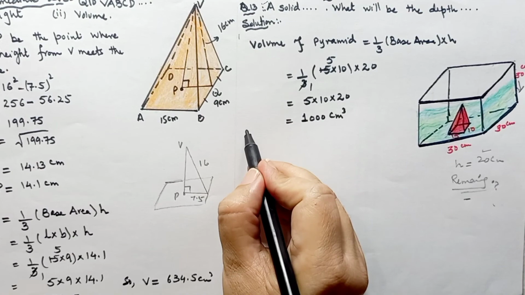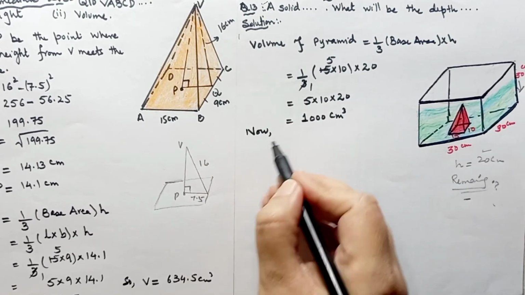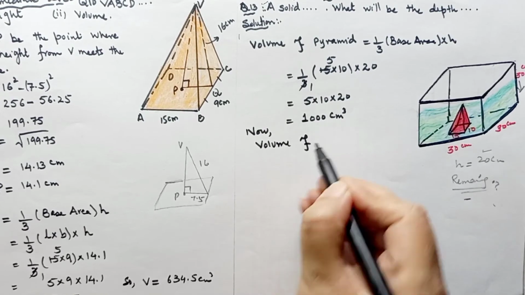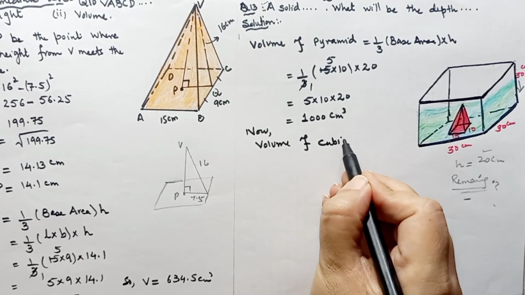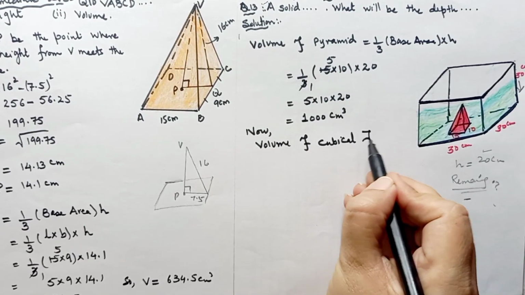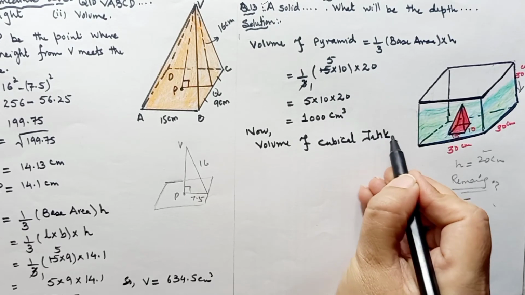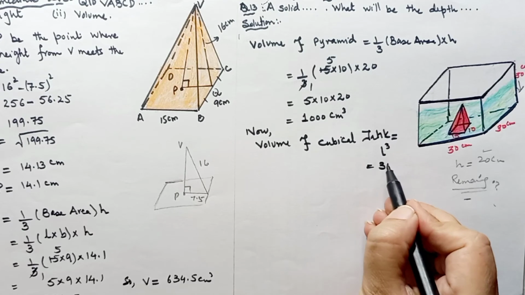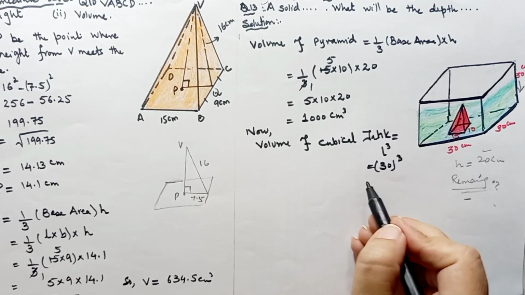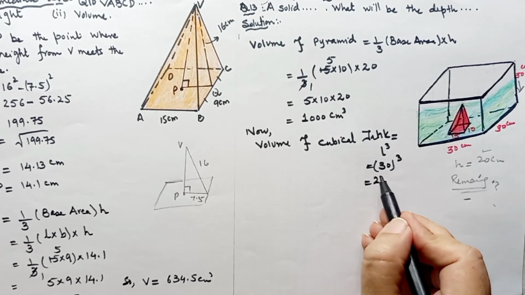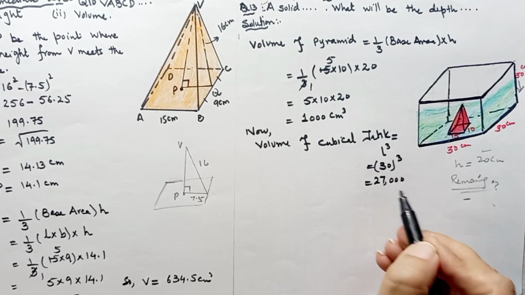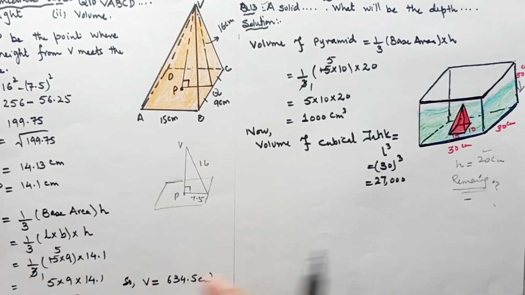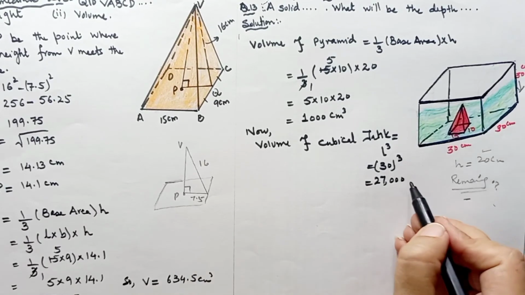Now the volume of the cubical tank will be equal to L cube, that is 30 cube: 3 3s are 9, 3 9s are 27. So 30 times 30 times 30 is 27,000 centimeter cube.